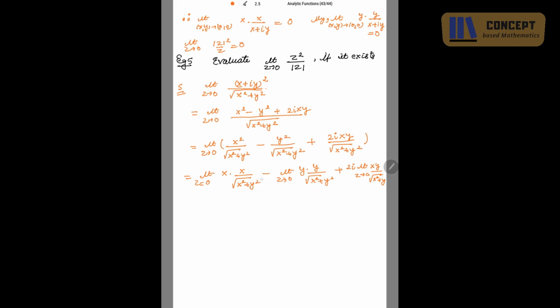Since the expression is in x and y, you should write xy in ordered pair instead of z.